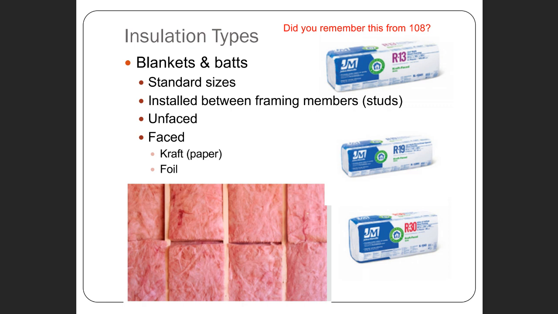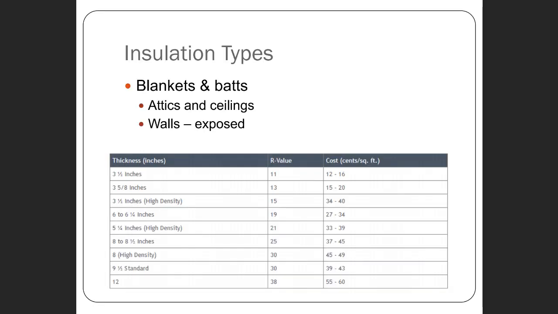Again, with R value, bigger is better. Higher R value means we're providing more insulation. Same thing here, a table of blankets and batts, typically going to see in attics and ceilings and exposed walls.